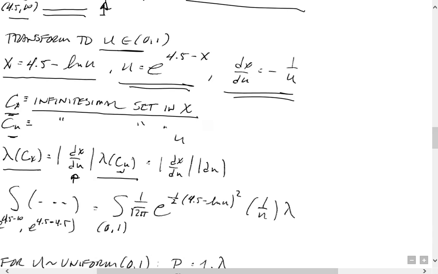And so we get, well actually, in this case, this is actually the absolute value. This sign here, I should have used a different sign. It's the absolute value of dx/du times lambda c sub u. So we get the absolute value of dx/du times the absolute value of du.